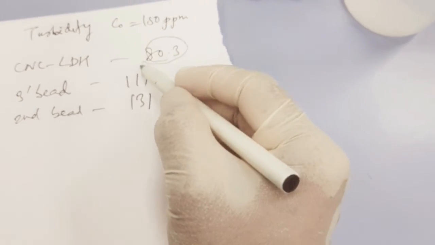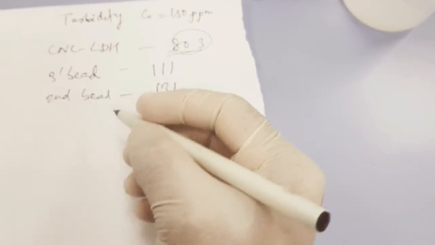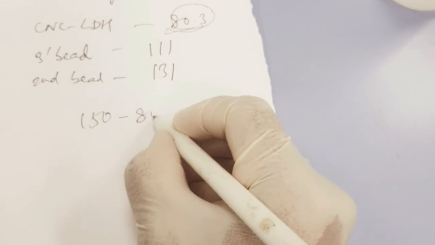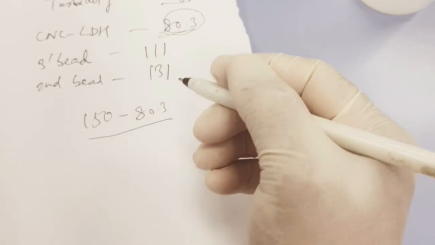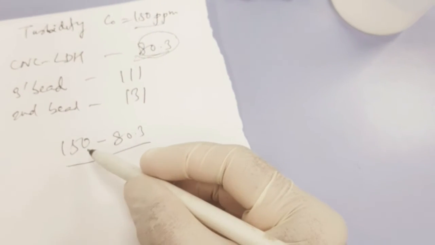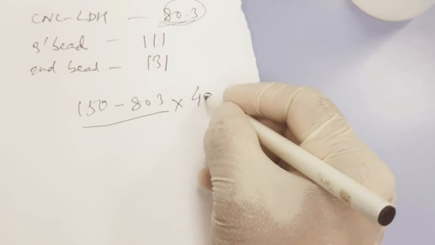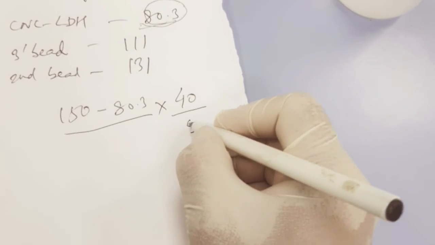Also, if you want to calculate the adsorption capacity, here C0 is 150, so it will be 150 minus 80.3, that is C0 minus Ce, multiplied by V divided by m. The volume here is 40 and the mass of adsorbent is 5.